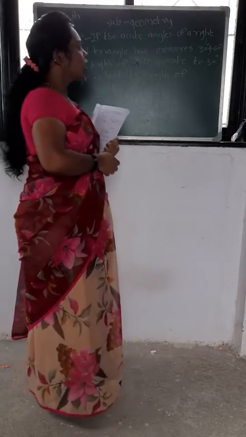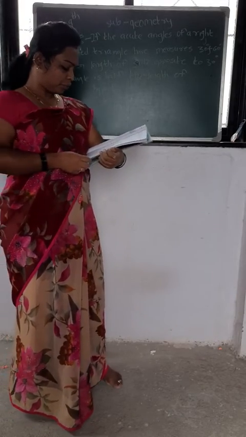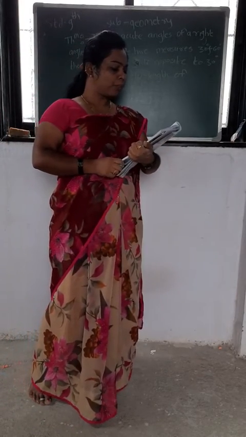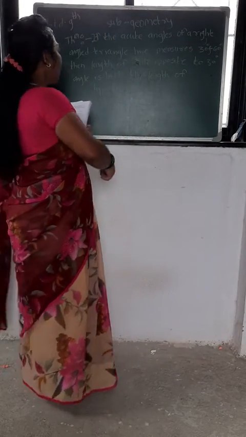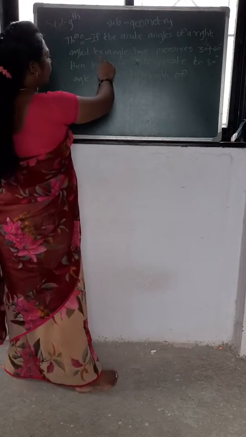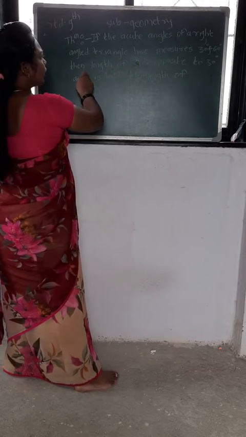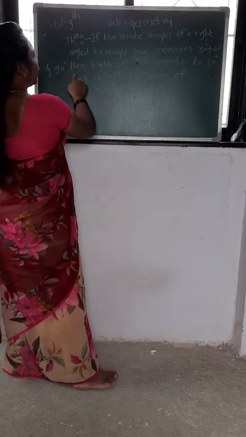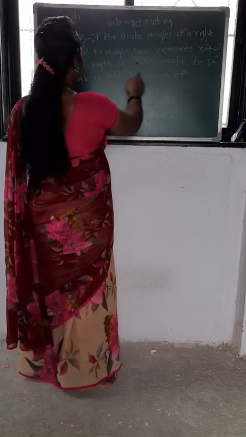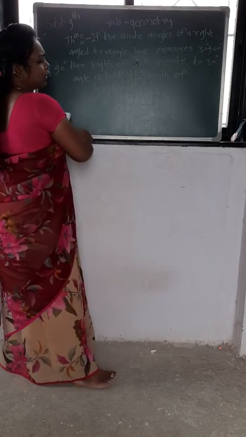We have given the theorem of 30 degree, 60 degree and 90 degree. If the acute angles of a right angled triangle have measures 30 degree and 60 degree, then the length of the side opposite to the 30 degree angle is half of the length of the hypotenuse.